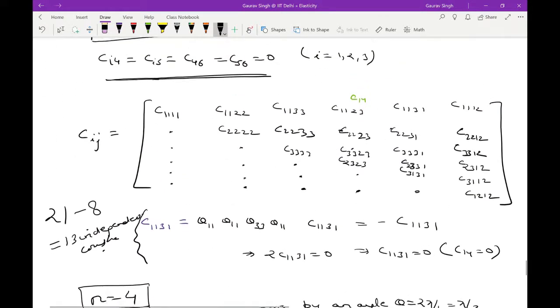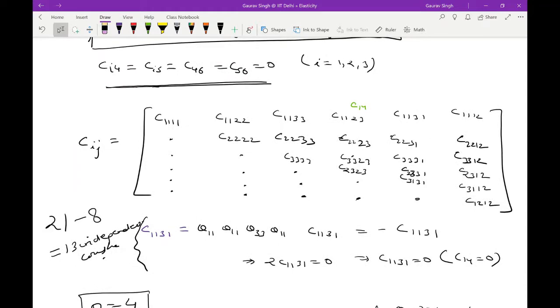Now C2213, let's see where it is. Can you see that C2213 is equal to C2231? You know this property where this and this can be interchanged. This was due to the symmetry of the strain tensor.